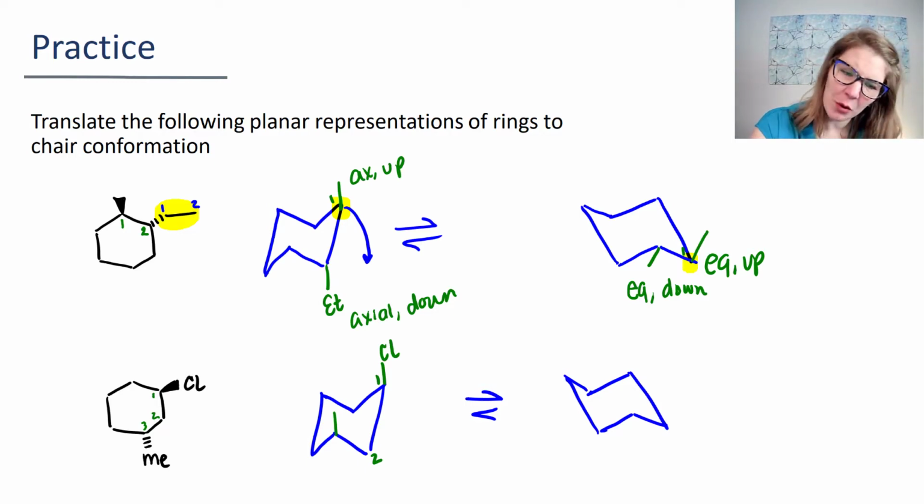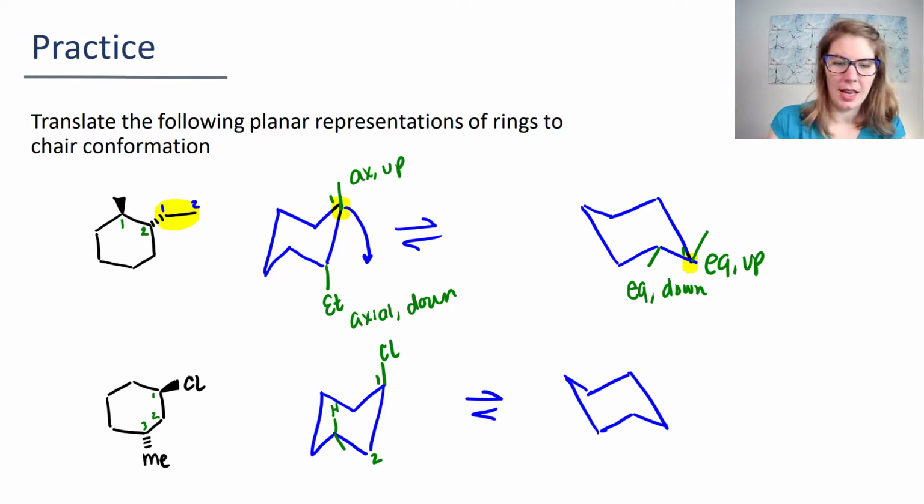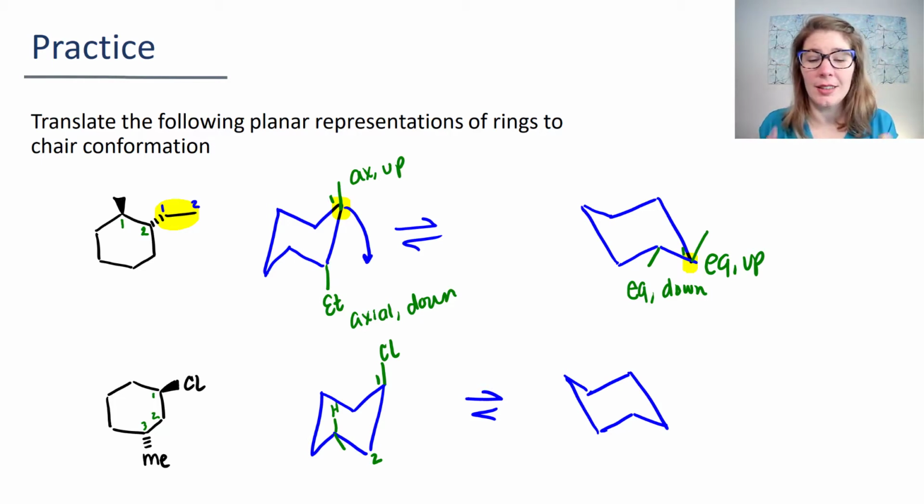I didn't give myself a whole lot of space, so I'm going to draw it this way. And then I'll just keep in that hydrogen here for reference. That's a methyl, so you can either draw a CH3 or Me at the end of that, or leave it blank and all would be fine.